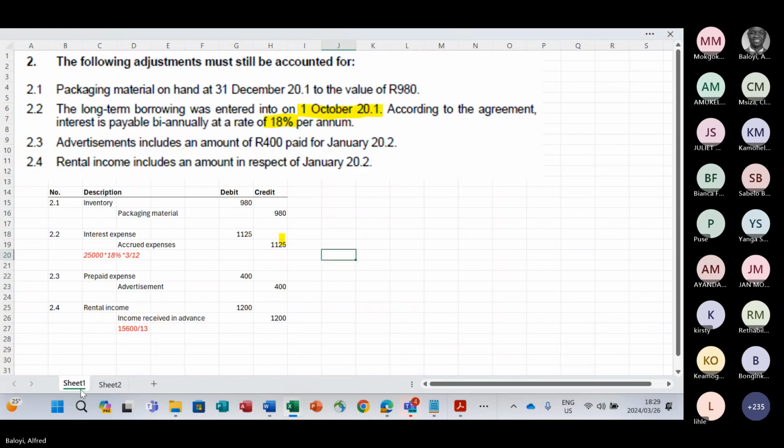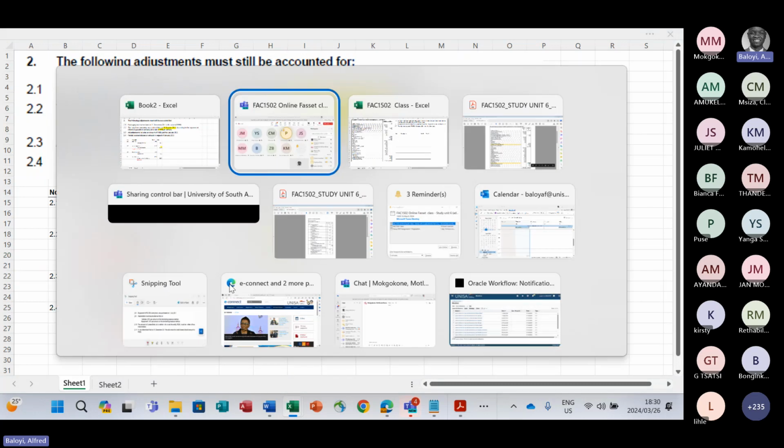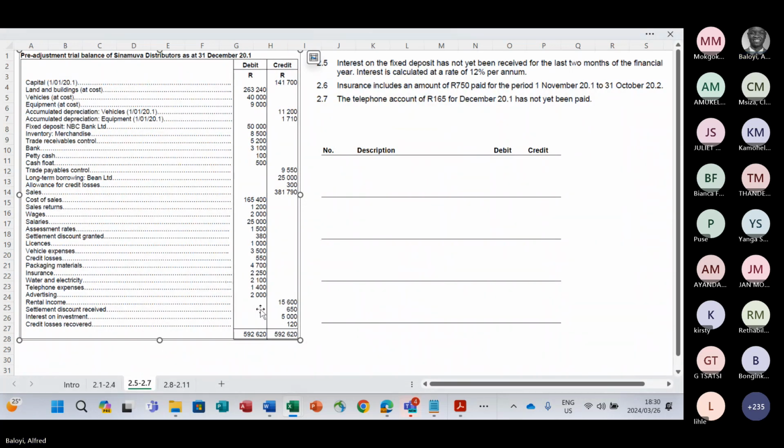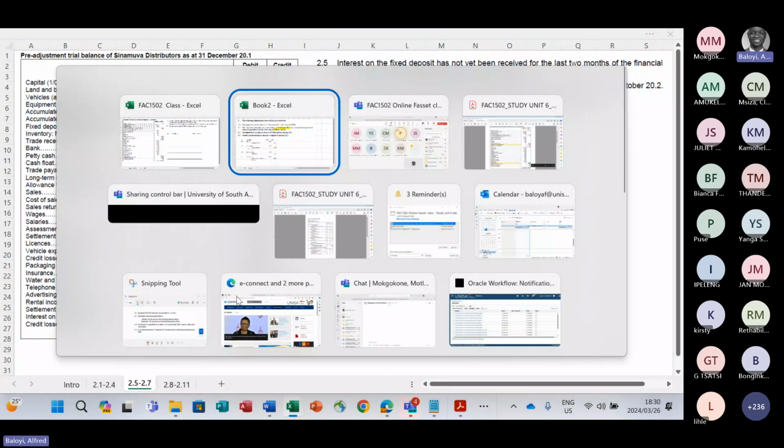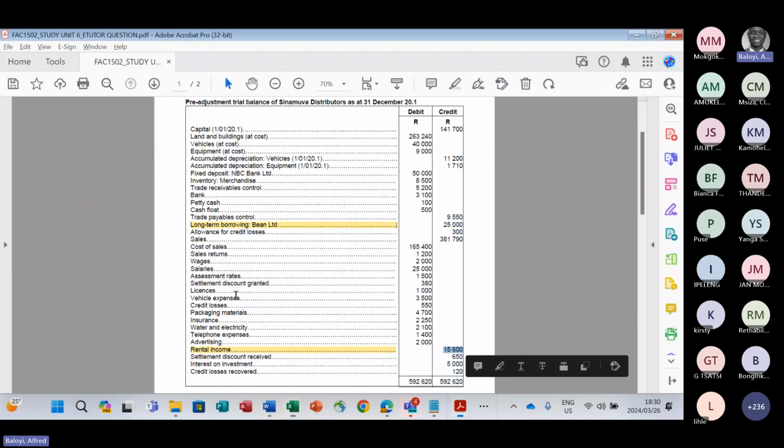Here, 15,600. So why do we divide by 13 instead of 12 months? Like I said initially, it's supposed to be 12 months, we want it to be 12 months.